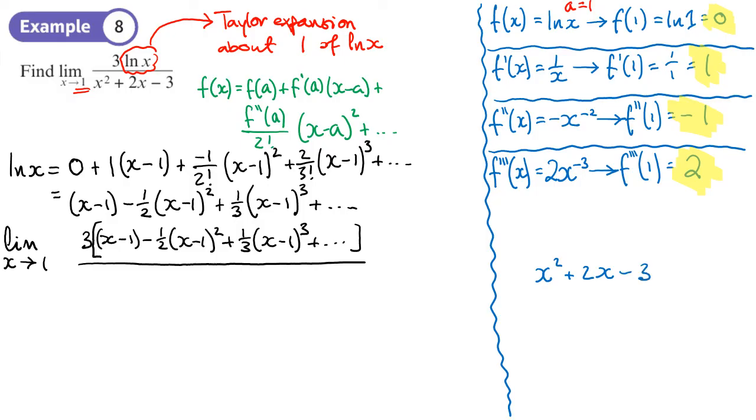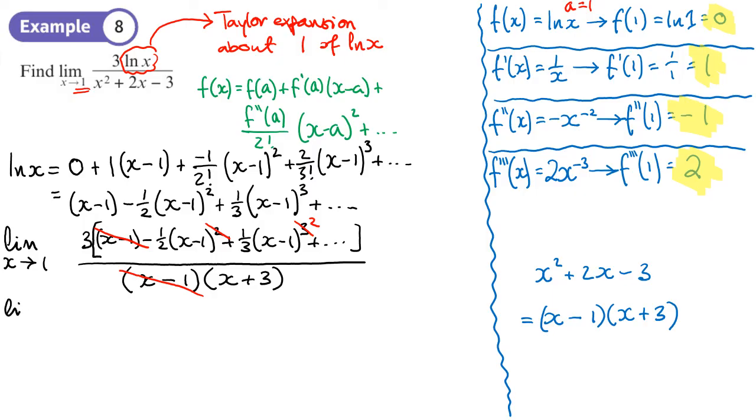It factorizes to give us x minus 1, that's handy, and x plus 3. So some cancelling down. So let's just write that down at the bottom: x minus 1, x plus 3. So what's going to happen? This will cancel with this, and that power and this power will become 2.